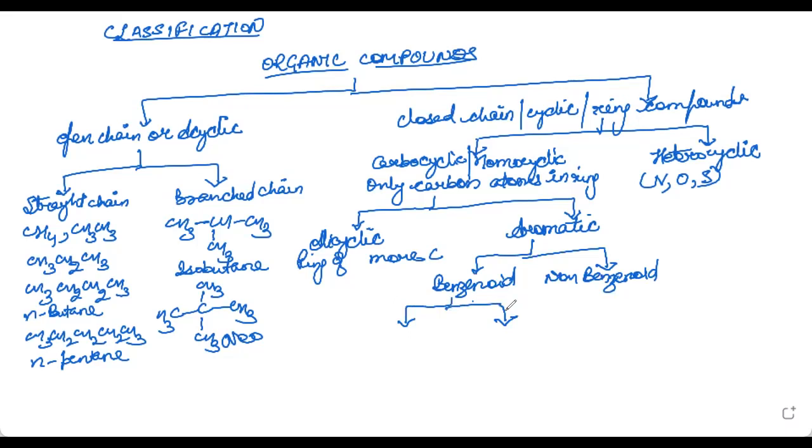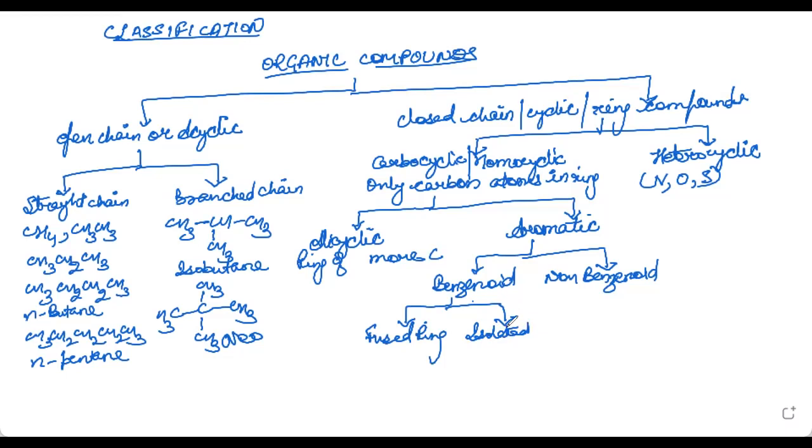If there are more number of benzene rings, that is more than one benzene ring is there, then it can be a fused ring compound, or it can be an isolated benzenoid compound having more than one benzene ring.